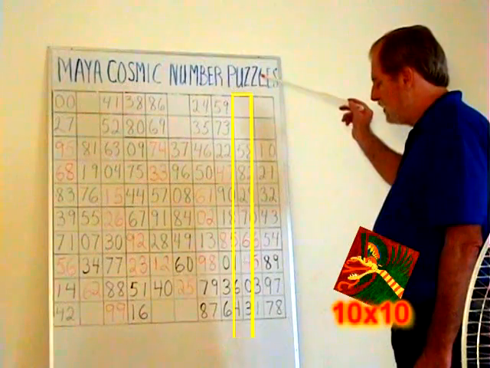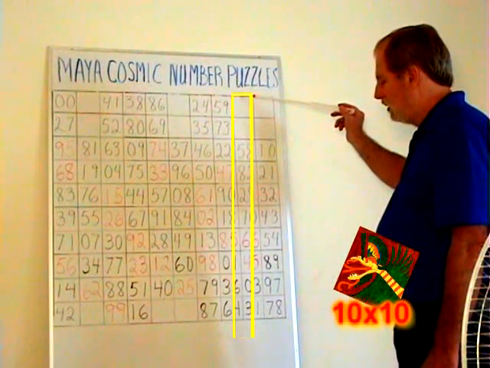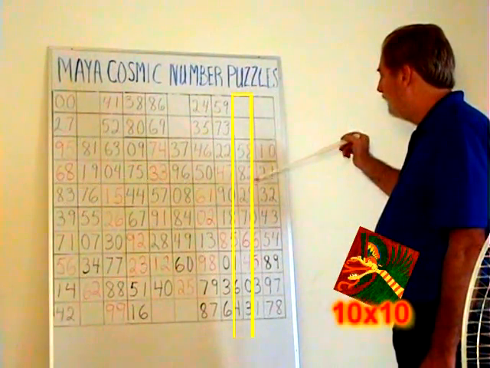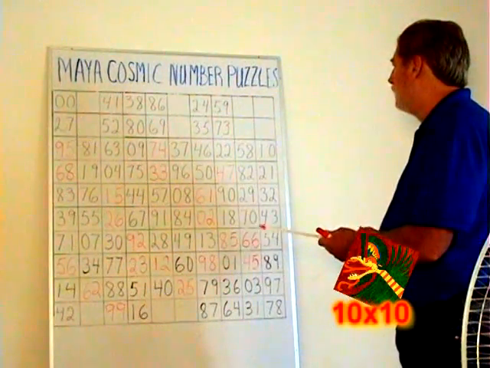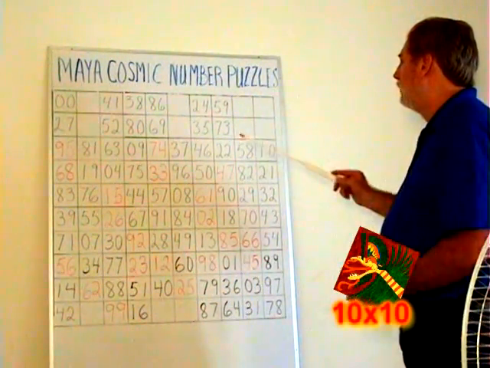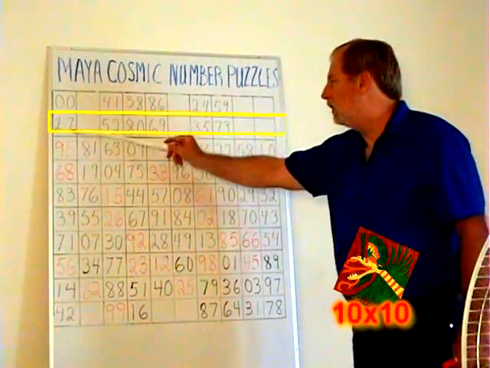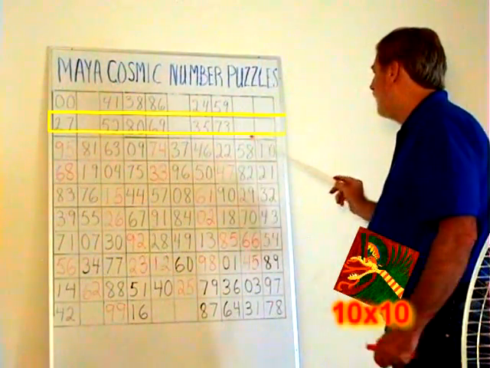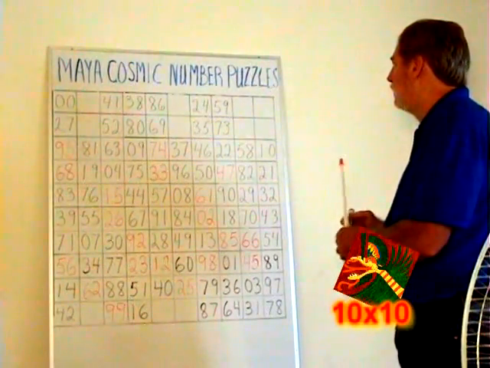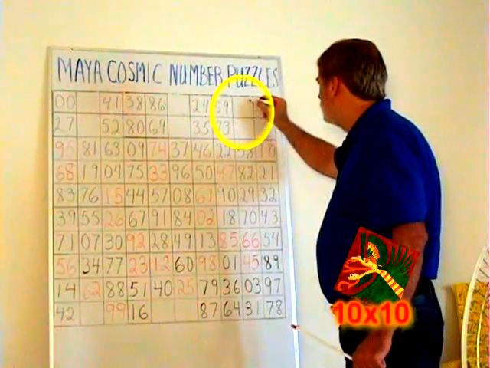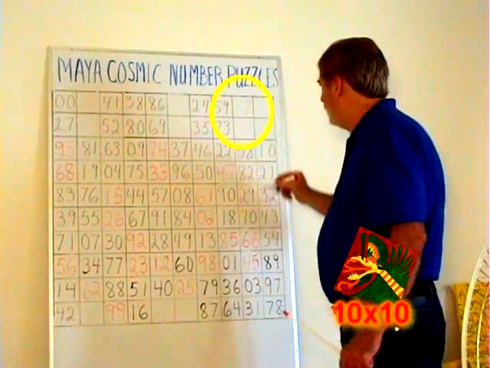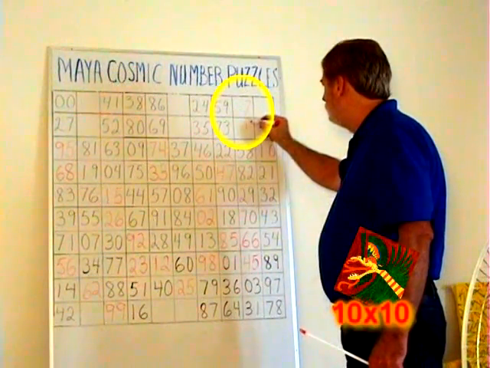That means that we are missing a 7 and a 4. We see that when we check this row, we have a 7 here, so the 7 cannot go here. So the 7 must go here, and the 4 must go here.